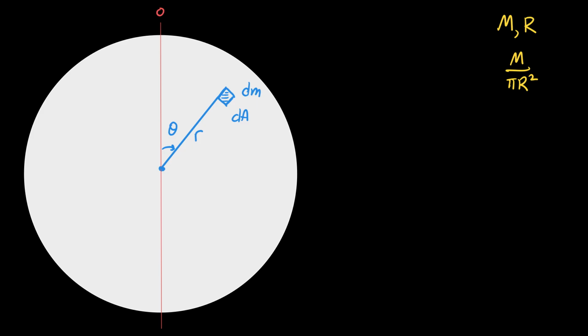Can I point to every corner of every piece of the object using r and theta? Is it clear that there's a row of boxes along this line, starting at 0 and ending at capital R? And then I go over a little bit and there's a row of boxes here. Do you guys see what I'm saying?